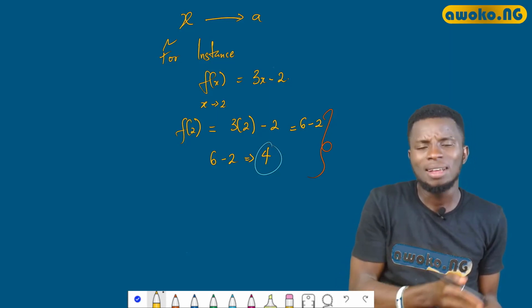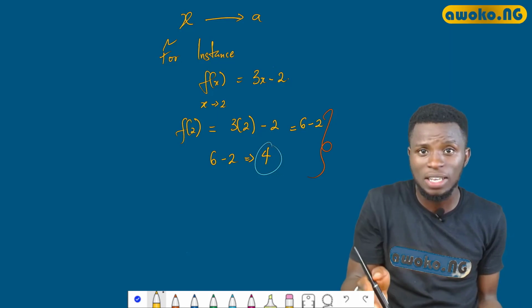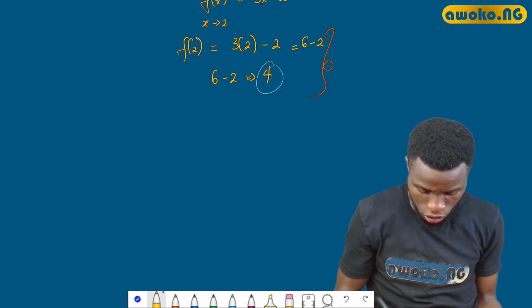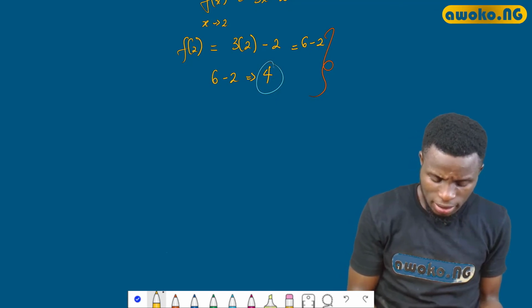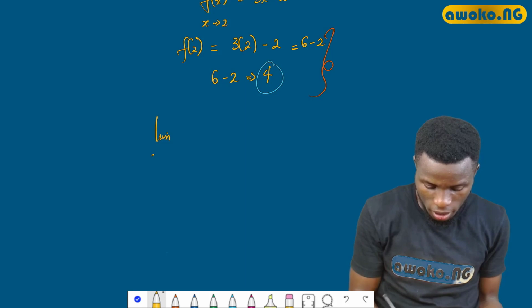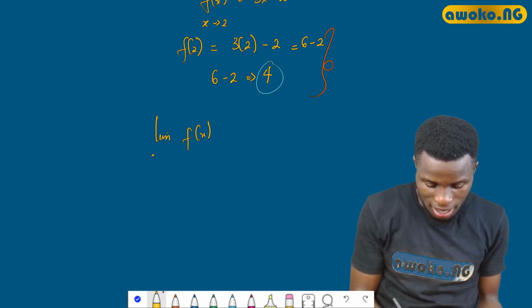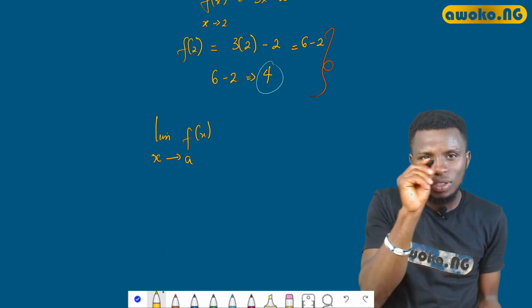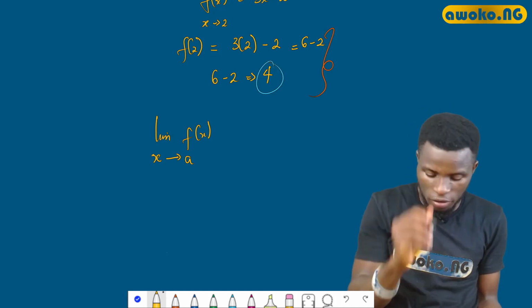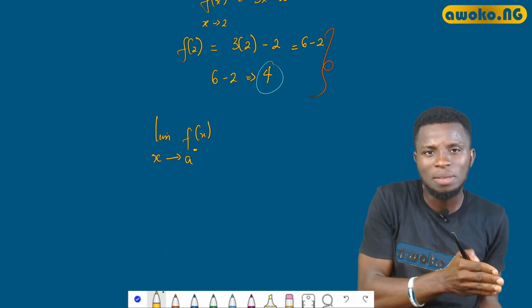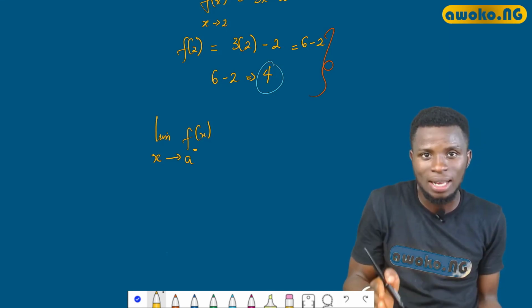What then is the right-hand limit and the left-hand limit? Let me show you using this notation. We have the limit of f of x as x tends to a, and I'll use a negative sign on top of a to differentiate the left-hand limit from the right-hand limit.